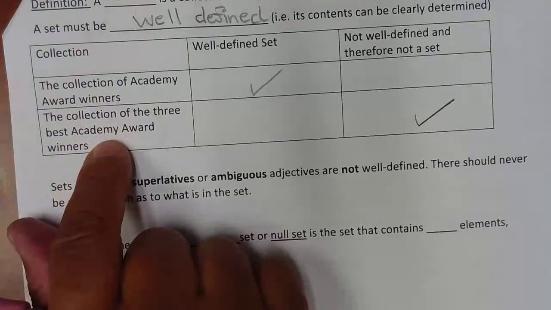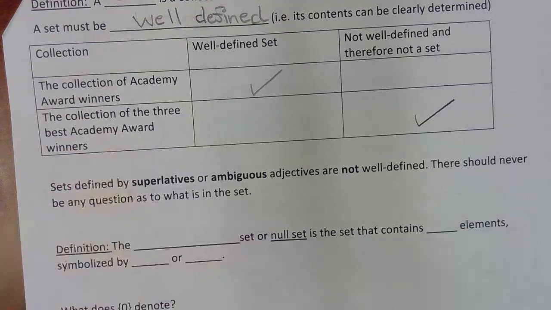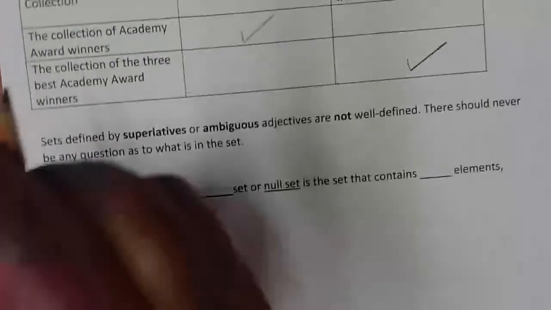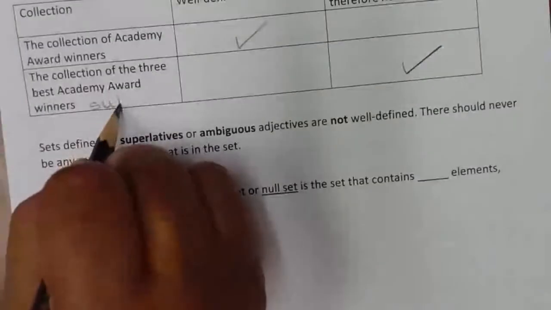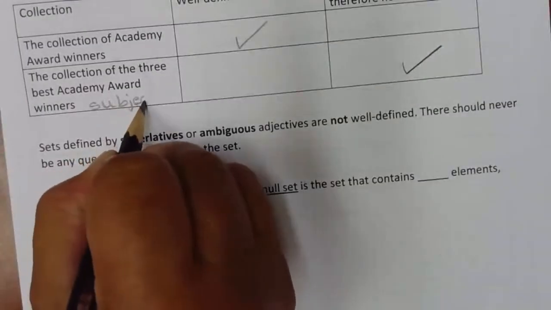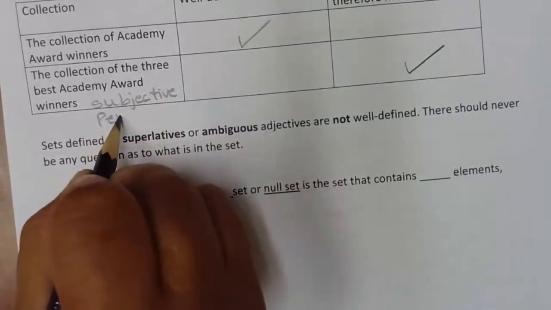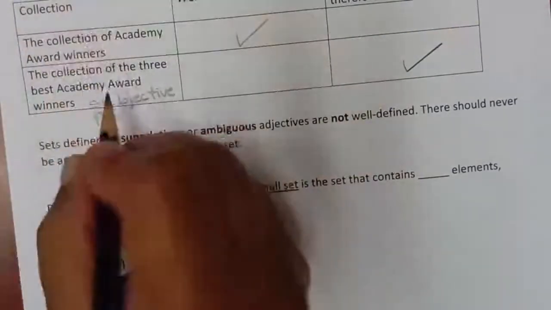Here, who's to say who the 3 best Academy Award winners are? One person is going to say it was these 3 people, they were my favorites. Another person's going to say something else. So that is not well defined, because it is subjective. Subjective means it's a matter of personal opinion.